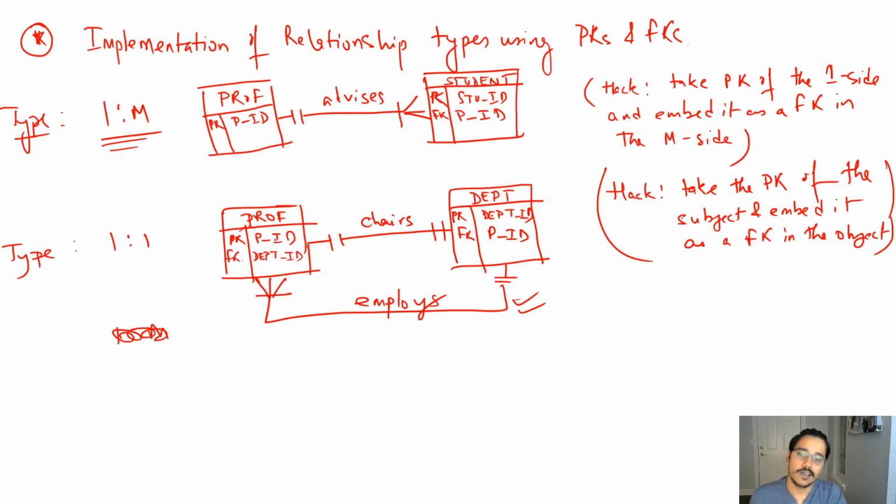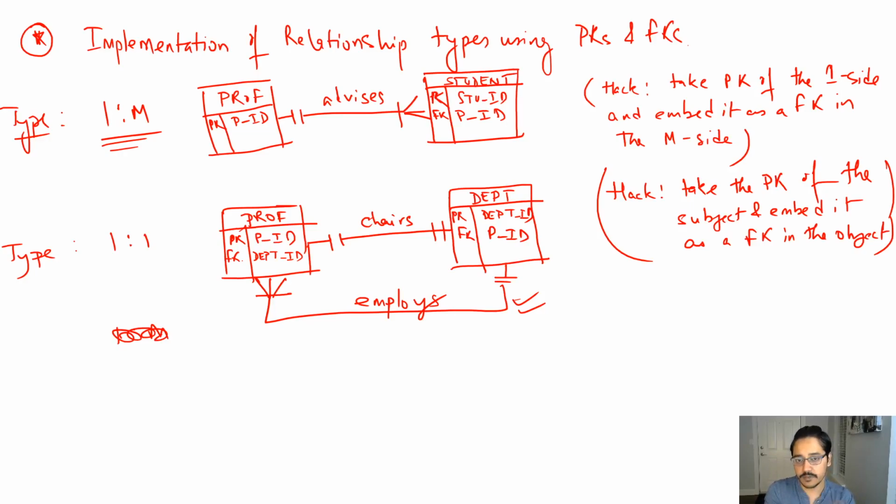So this way, you don't have to distinguish between what relationship type you're trying to implement, whether it is 1 is to m or 1 is to 1. We will come to m is to n, but that will also simplify itself later on, right? But I don't want to just tell you generically that it applies to everything, okay?